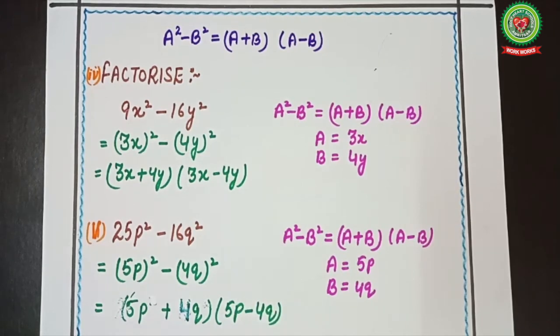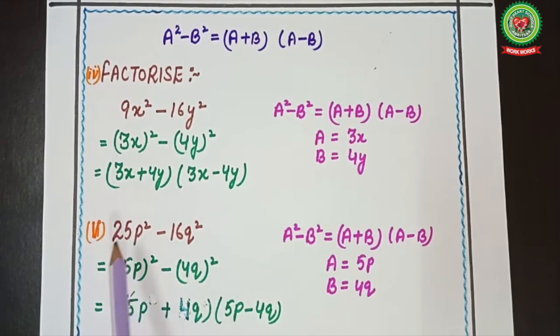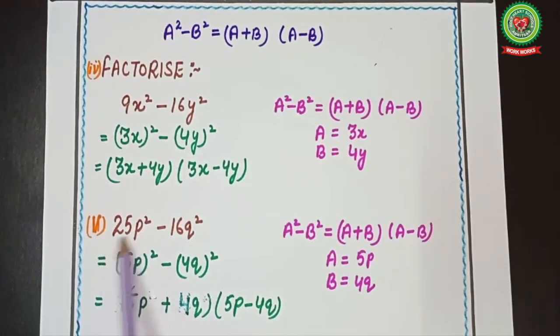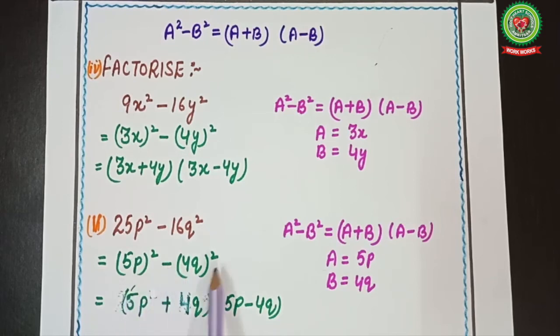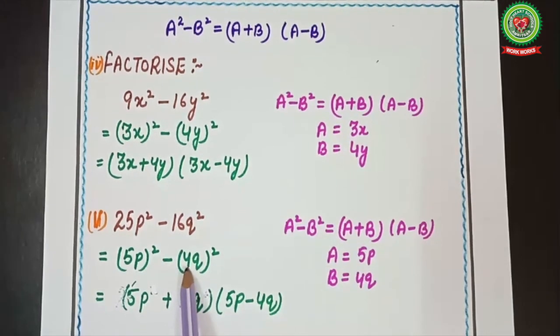Move to the next example, that is 25p² − 16q². Now 25 is the perfect square of 5. So when you square 5, you will get 25. When you square p, you will get p². So (5p)² minus 16. You will have the square root of 16, that is 4. So when you square 4, you will get 16, and when you square q, you will get q².